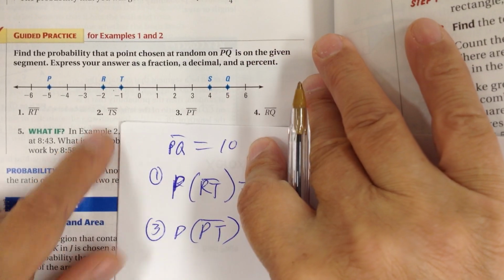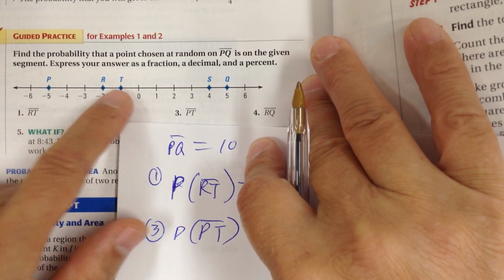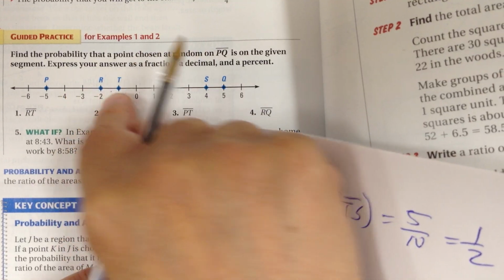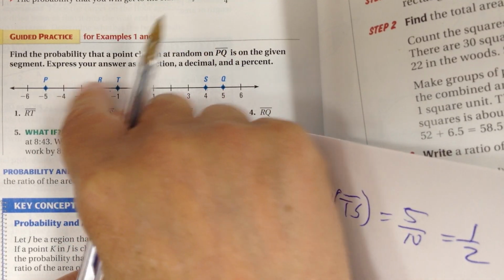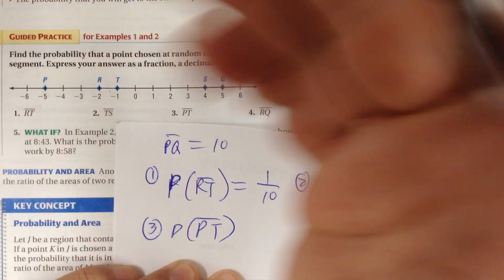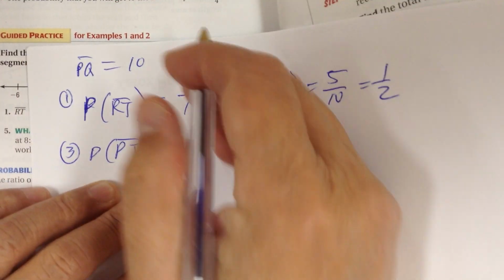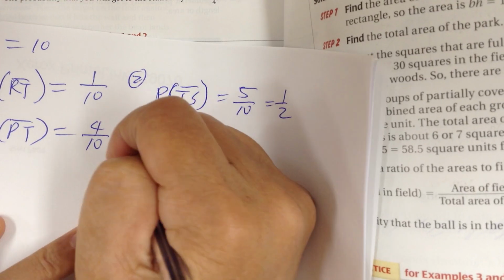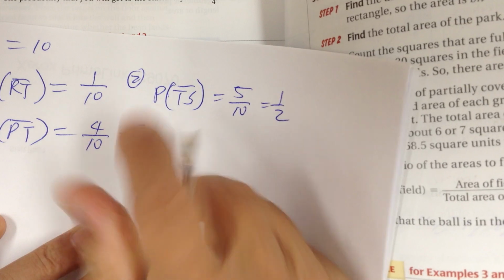From P to T is 1, 2, 3, 4. You can just count the squares; it's a lot easier than subtracting. So this equals 4 over 10, which is 2 over 5.